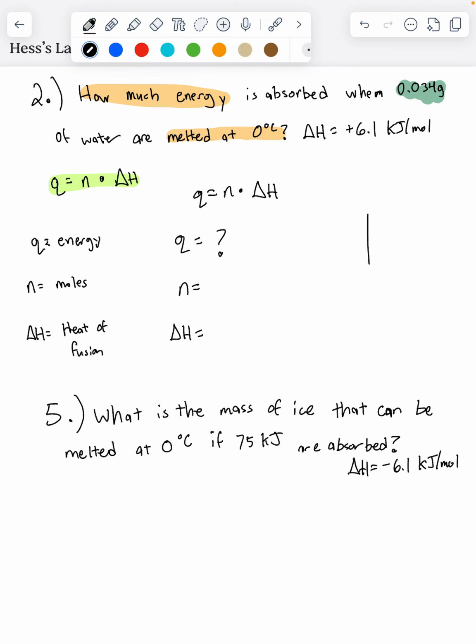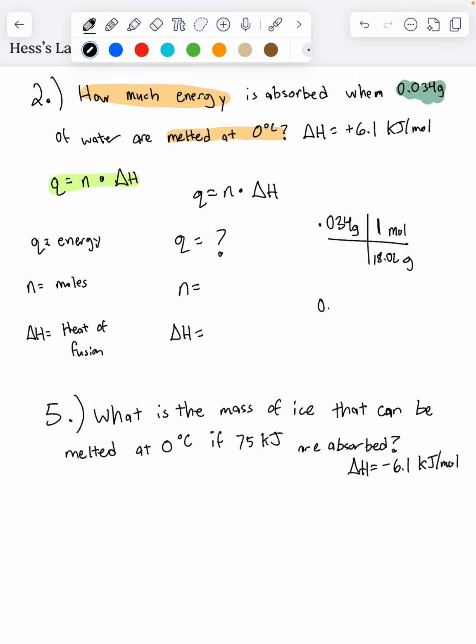So we're going to take that value, 0.034 grams, and we're going to convert that into moles. So grams on the bottom, always going to be 1 mole, and we are going to divide by 18.02.